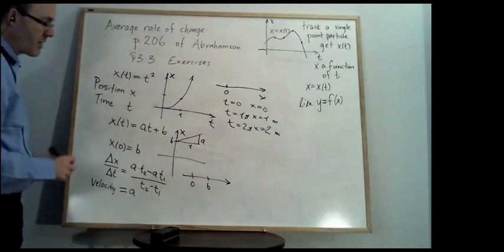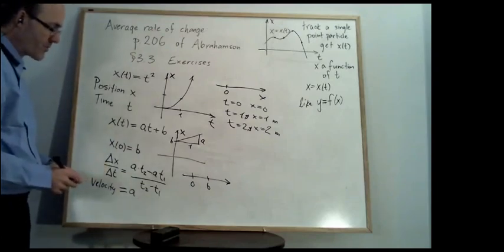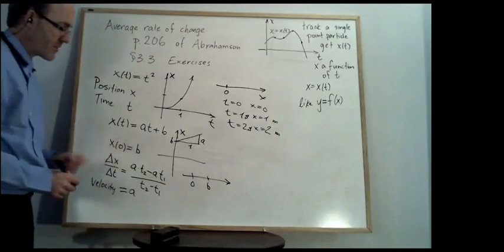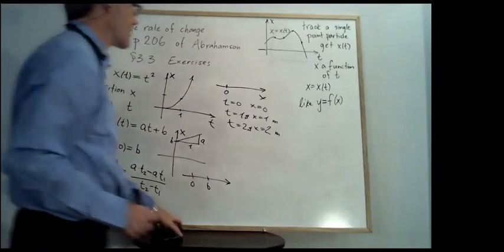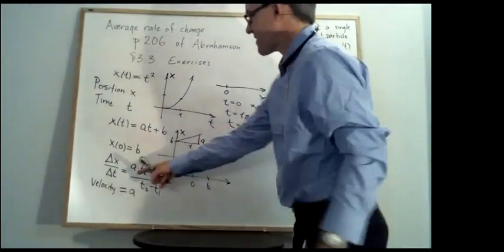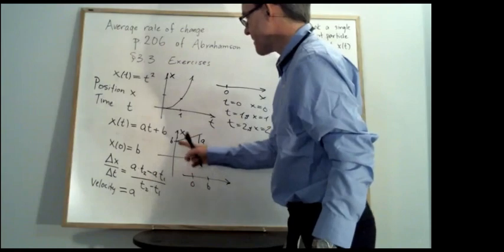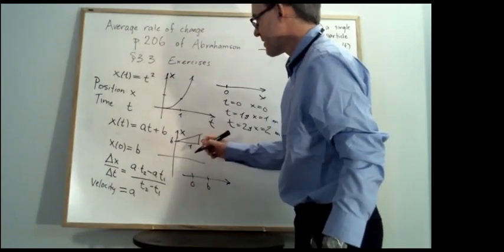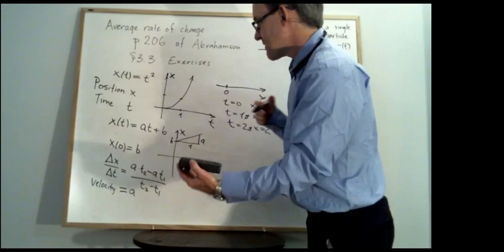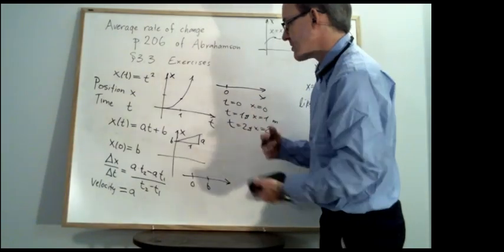In general, if you write this expression, it will be the average velocity over that time interval. But in this case, that's equal to the instantaneous velocity. That's the velocity I get if I take the times closer and closer to each other.